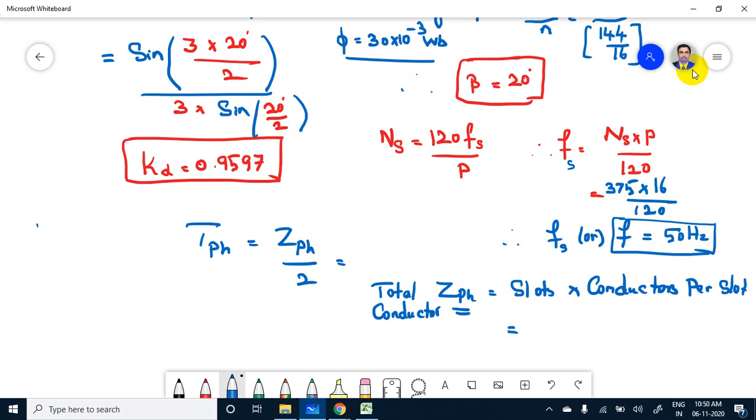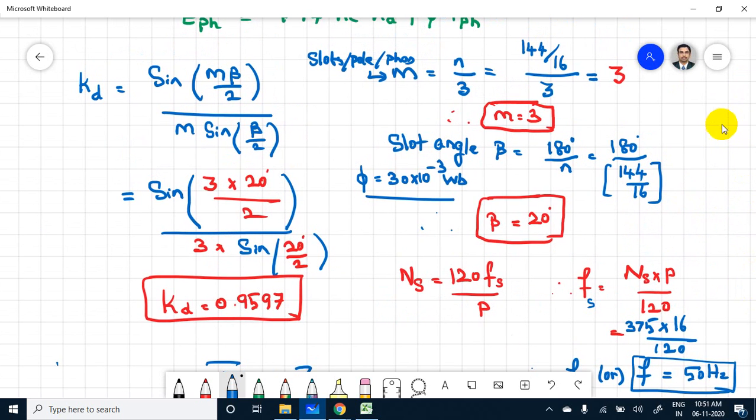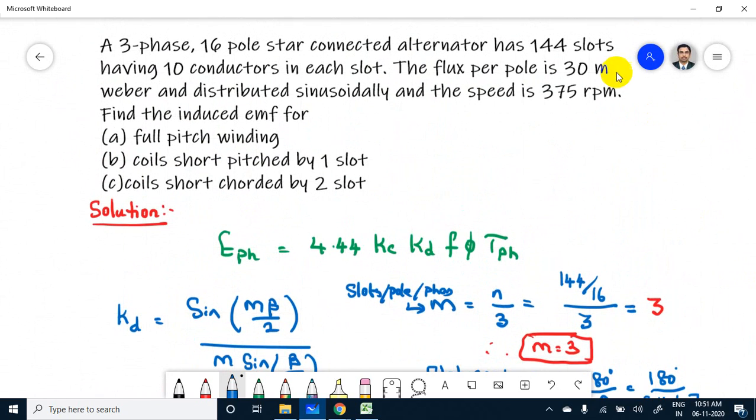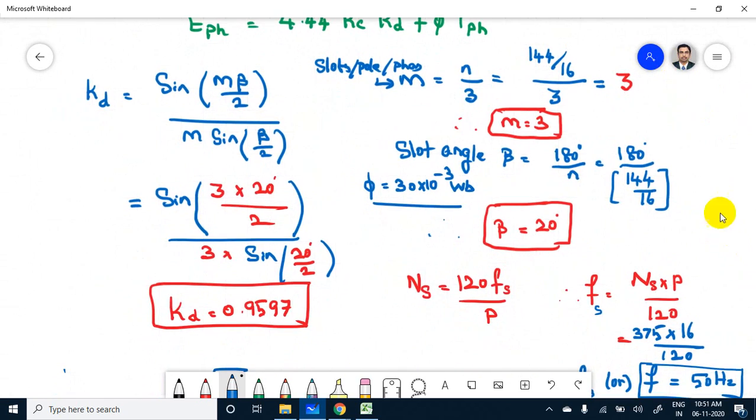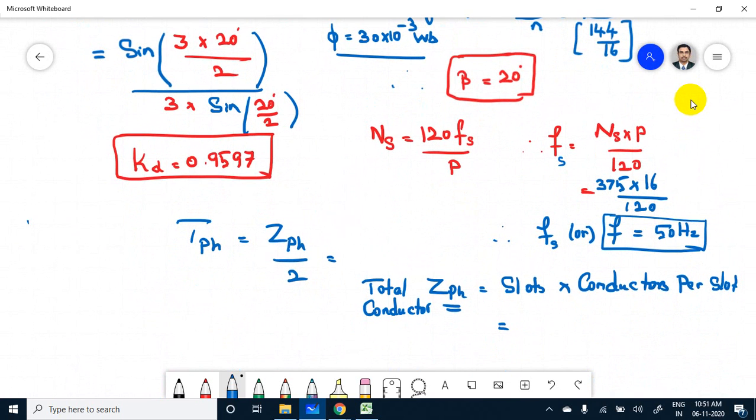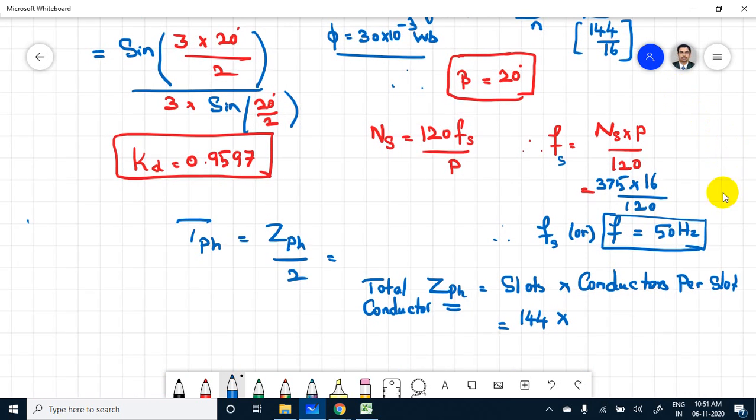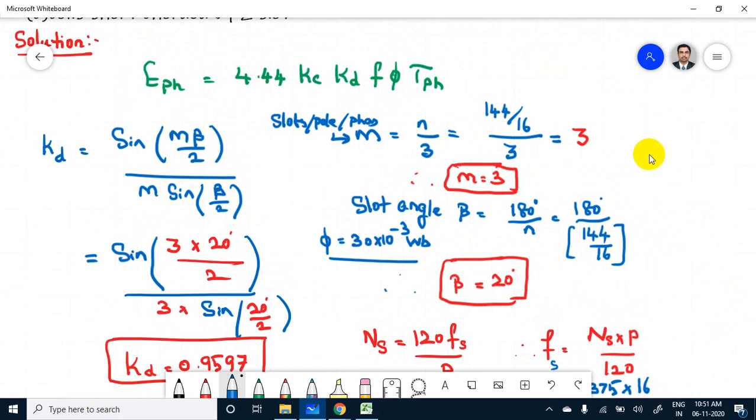So how many slots are available? As per your question, you see the question. How many slots are available? It is 144 slots. This value substitute here. 144 into how many conductors per slot as per your question?